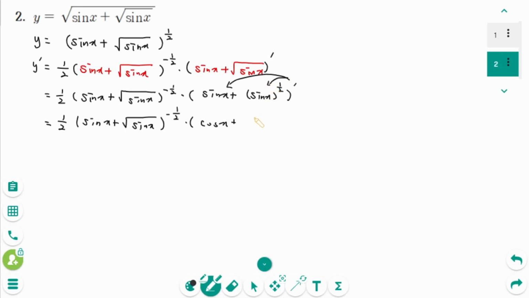Now another chain rule is here. Think of it as u equals sine x. Then (u to the power of 1 over 2)' equals 1 over 2 times u to the power of minus 1 over 2 times u'. The inner function is sine x.